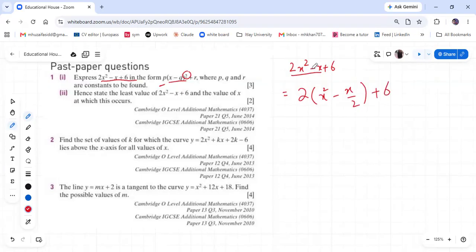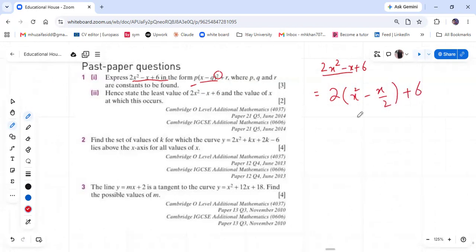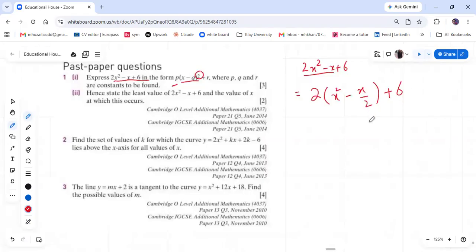Now we are moving to completing the square. So our completing the square is what? (a plus b) whole square is equal to a squared plus b squared plus 2ab.